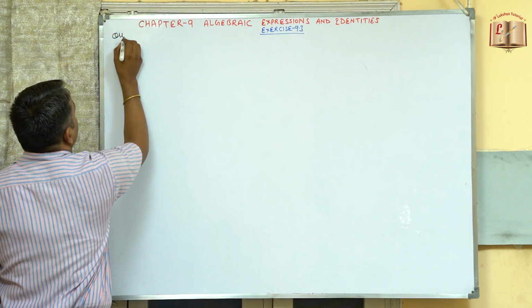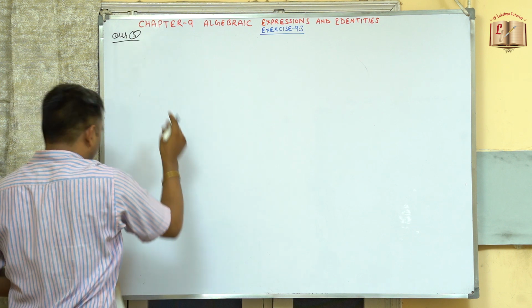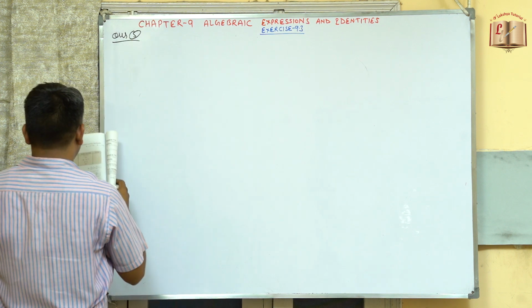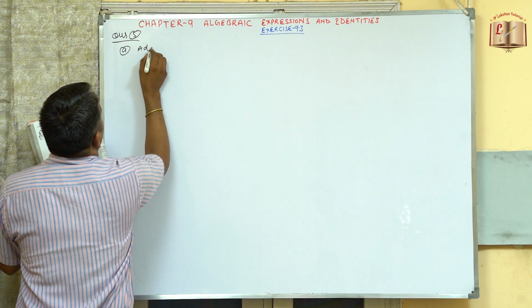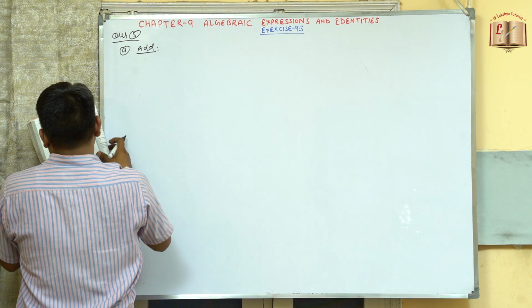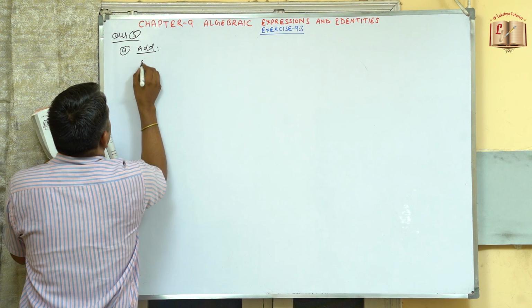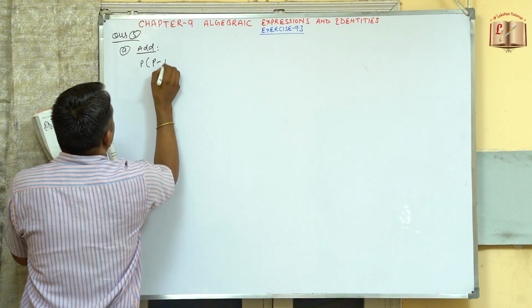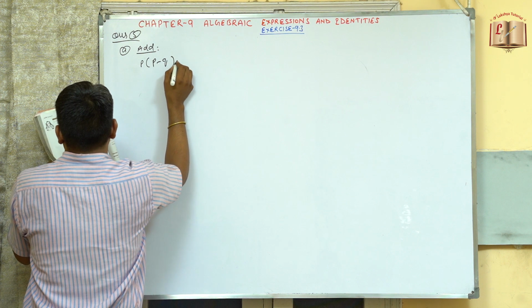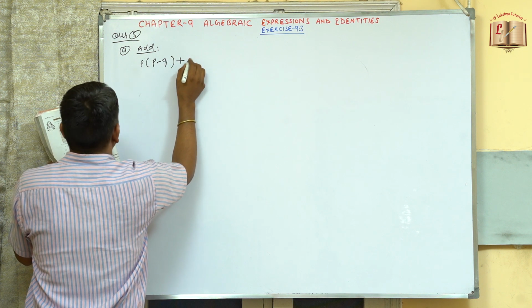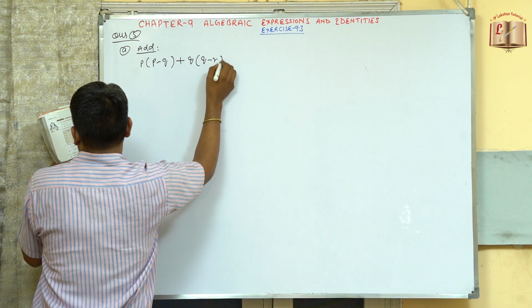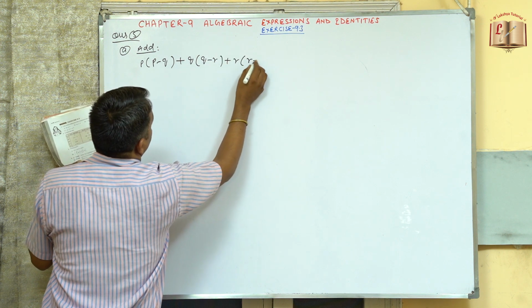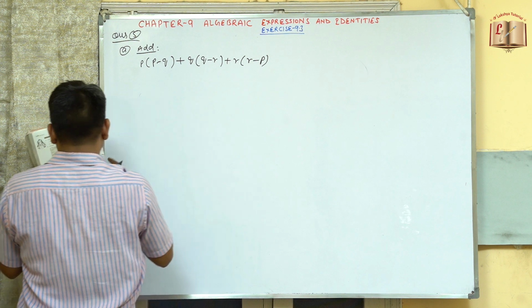So now coming to question number 5. Add, first part. The first one is p times (p minus q) plus q times (q minus r) plus r times (r minus p).